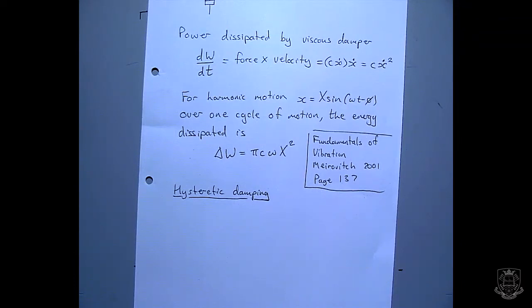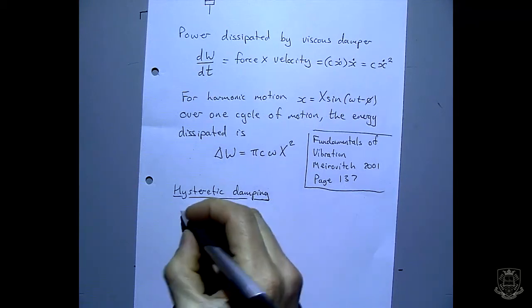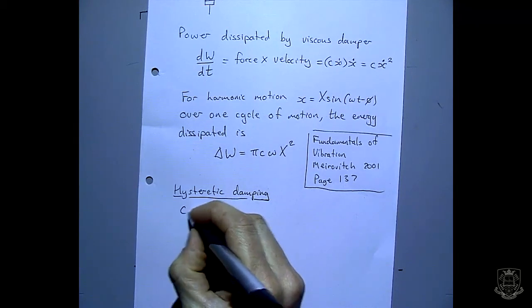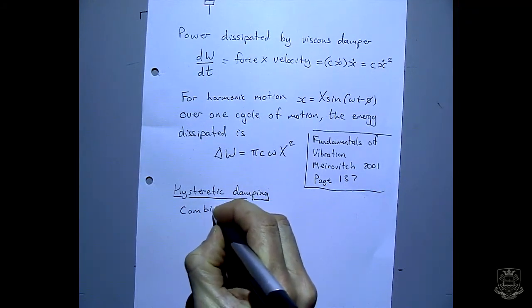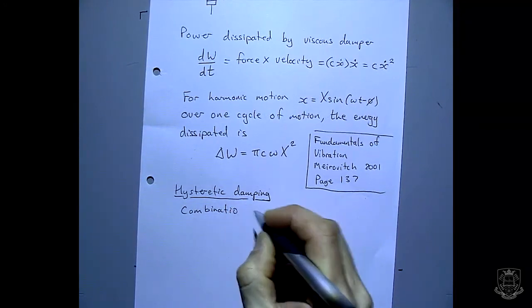So hysteretic damping is a way of trying to get closer to the physics for a lot of the systems that we encounter. There are several ways to model it, but the simplest way is a combination of spring and damper.